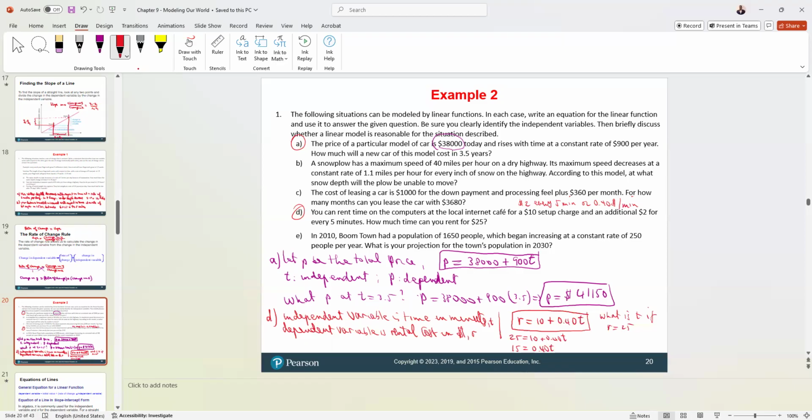Let's divide both sides by 0.40, so we end up with 15 over 0.40 equals t. Now, what would be t? If you divide 15 by 0.40, t would be 37.5 minutes.